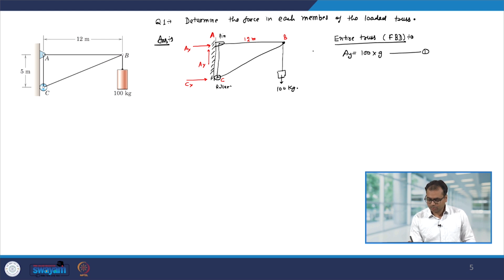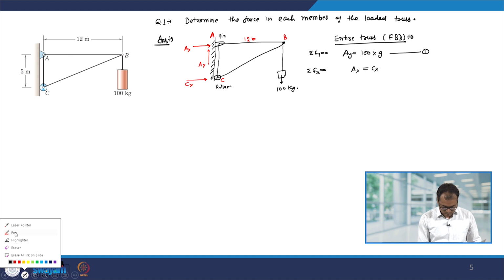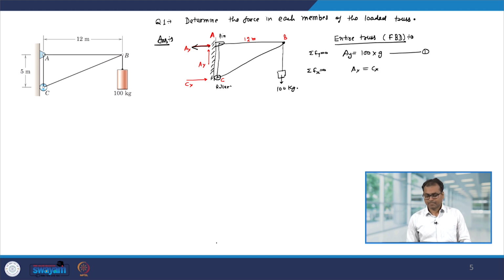And if I balance the forces in the x direction, then you can see that Ax is equal to Cx. Actually, there should be a minus sign because both are in the same direction, so the direction for either Ax or Cx should be opposite. So, let me make this Ax in this direction. Now it is correct, Ax equal to Cx. Let us call it equation number 2.